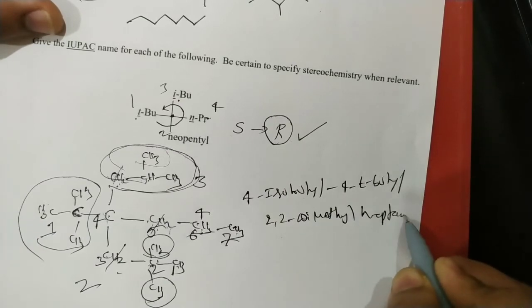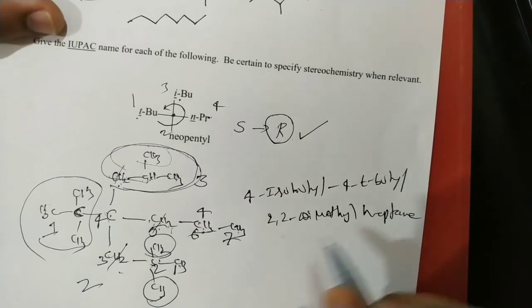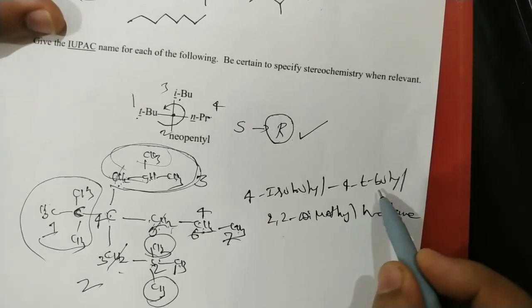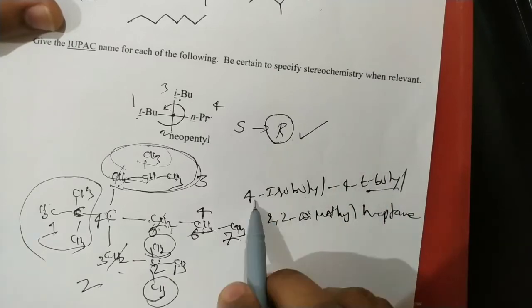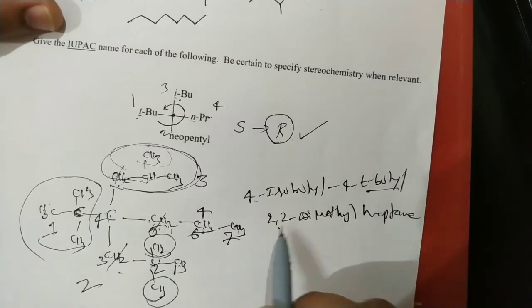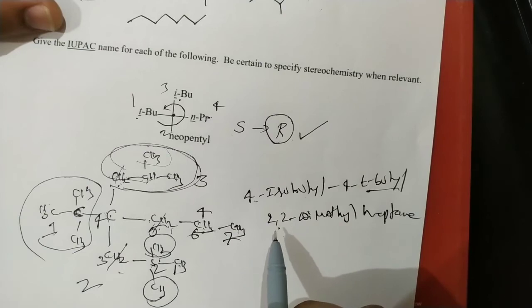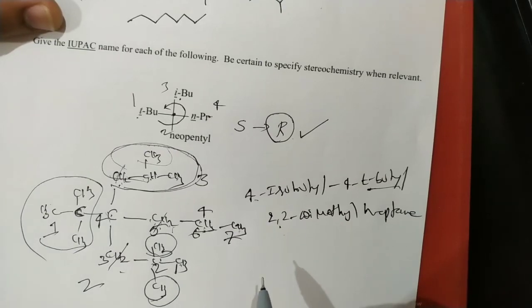That is the IUPAC name of this compound. Here we have to write the tertiary butyl group first: 4-tertiary butyl, 4-isobutyl, 2,2-dimethyl heptane. That is the exact IUPAC name of this compound, and the configuration is R.